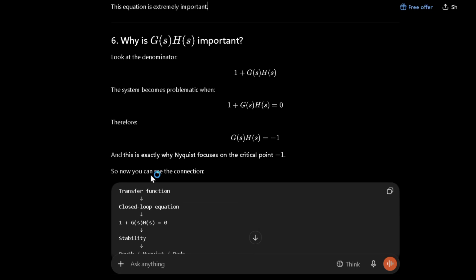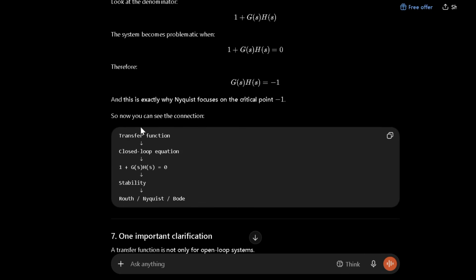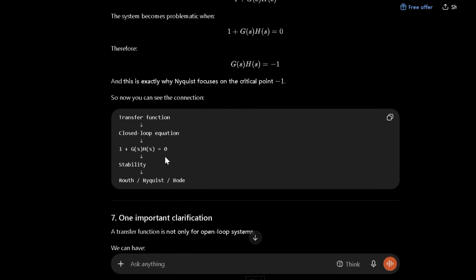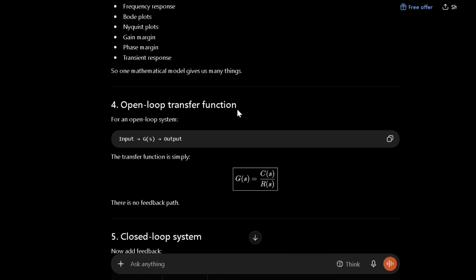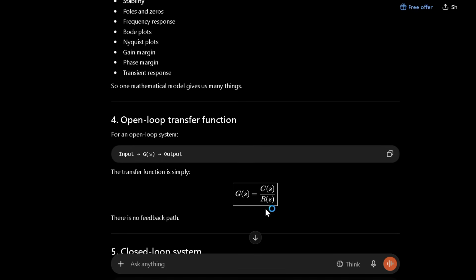So now you can see the connection in the transfer function equation, 1 plus G(s) into H(s). H(s) is the feedback path. In a closed loop system, the output feedback goes to the input again and is subtracted. C(s) means output, R(s) means input.